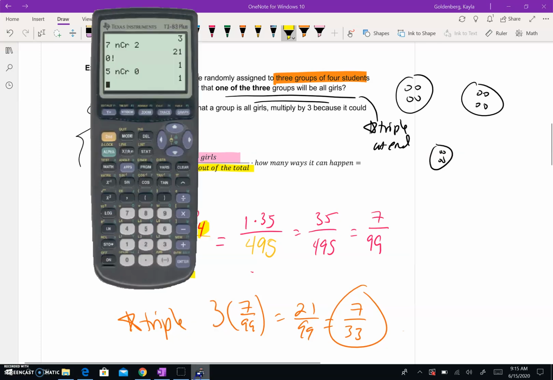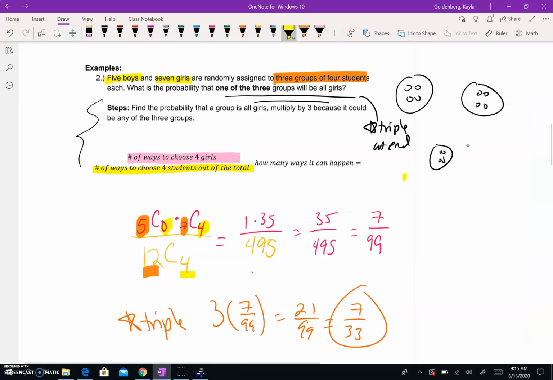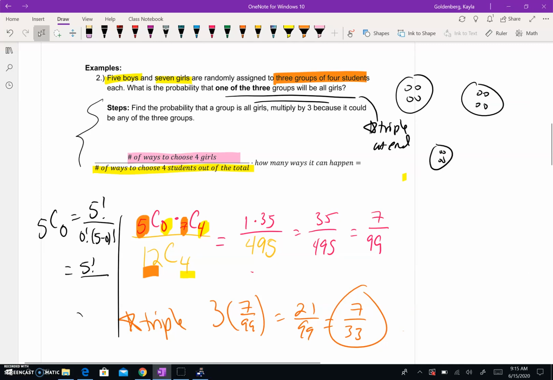Just a quick note is that 5 choose 0, if you look at the last thing I put on my calculator, does create a 1. And if you think through why that is, if you do 5 choose 0, you do 5 factorial on the top. Remember, you do 0 factorial on the bottom, and then 5 minus 0 factorial. Remember, 0 factorial we said on the calculator was 1. So it does turn out to be 1 times 5 factorial on the bottom, which is the same thing as 5 factorial.